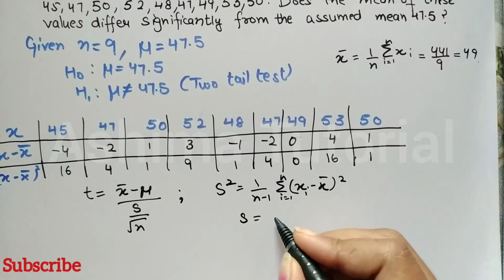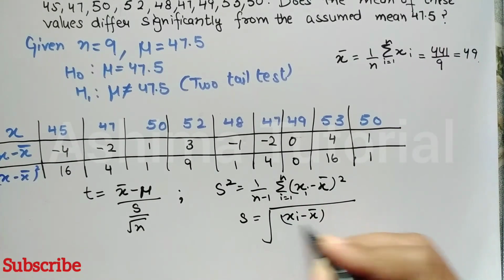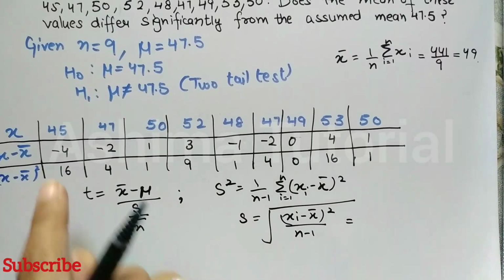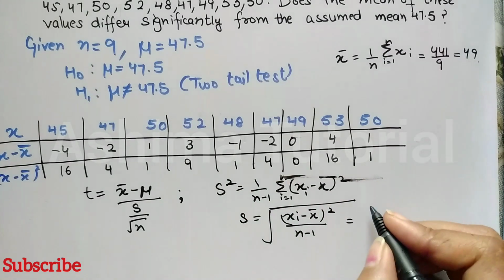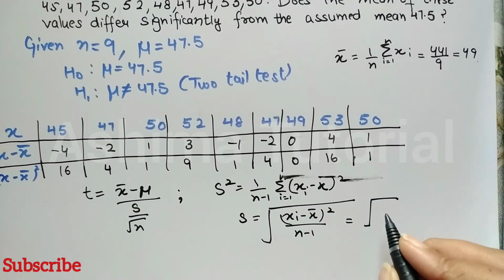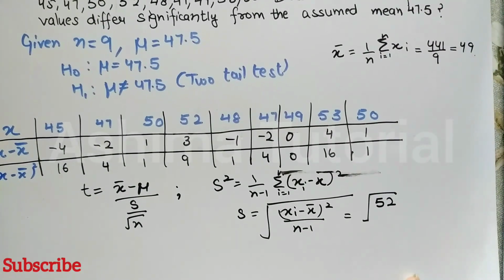It gets under root of summation xi minus x bar square over n minus 1. After substituting values by adding xi minus x bar square, we get 52 over 8. Now it is equal to under root 6.5, and it is equal to 2.549.